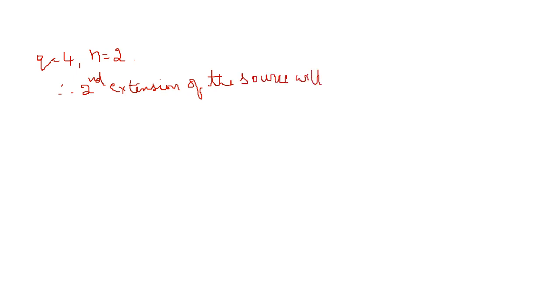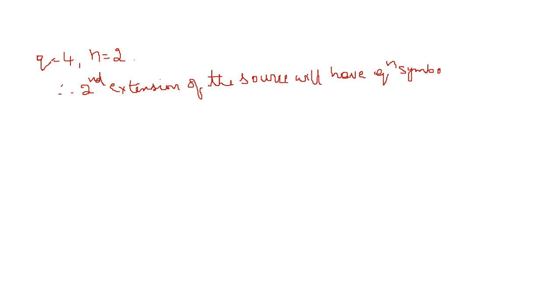For the second extension of the source, we'll find how many symbols there are. Given here q is equal to 4 and the nth extension is n equal to 2, the second extension. Therefore the second extension of the source will have q to the power of n symbols.